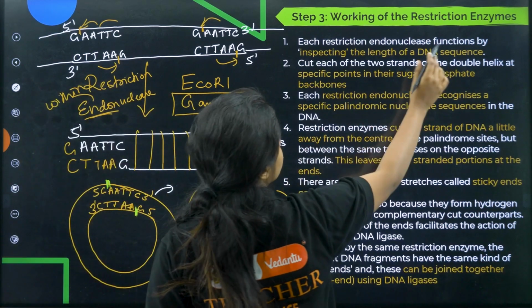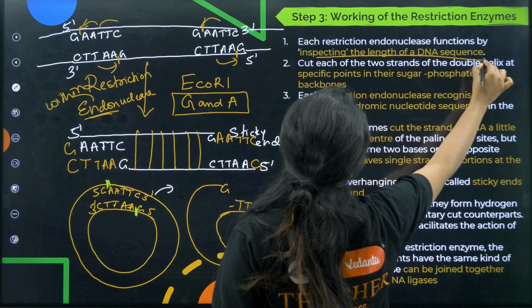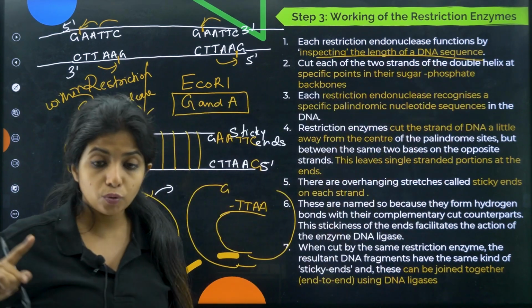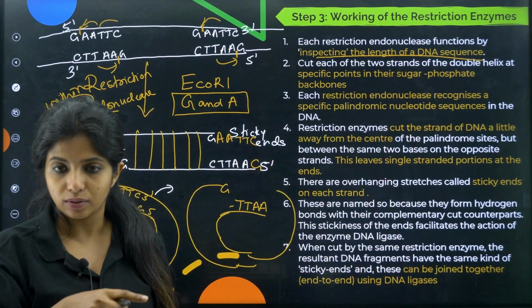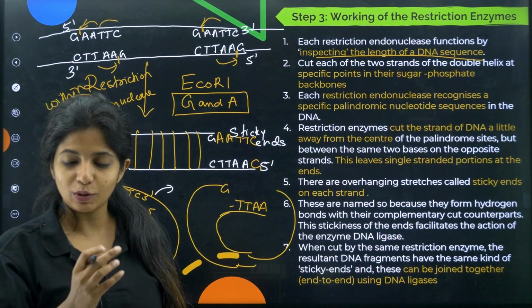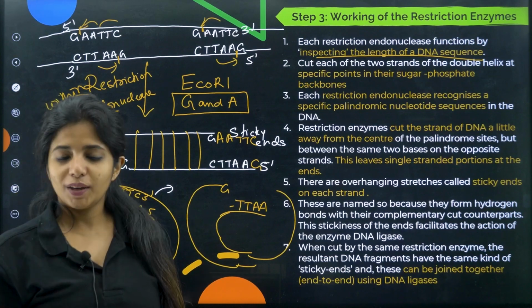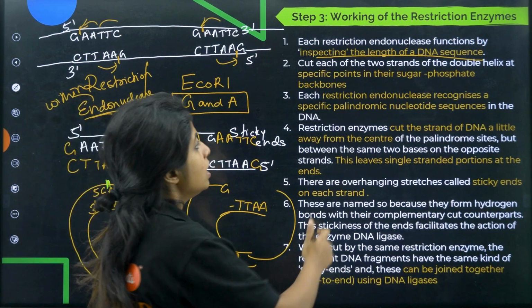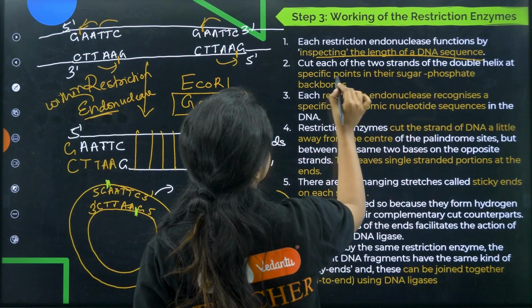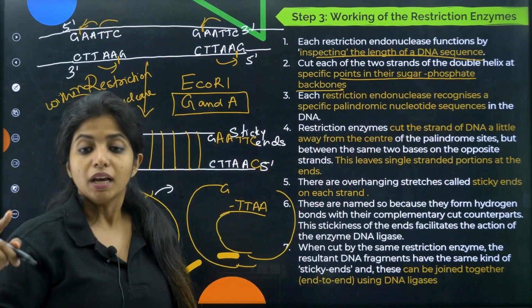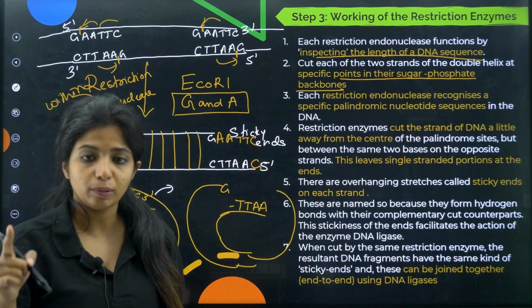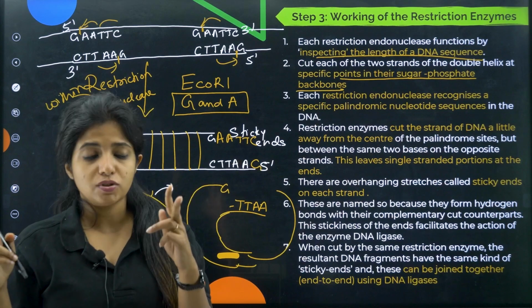So each restriction endonuclease functions by inspecting the length of the DNA sequence. First thing they do is inspect the whole length of the DNA sequence and find their palindromic sequence. Now, they cut each of the two strands of the double helix at specific points in their sugar phosphate backbone. So the DNA has a sugar phosphate backbone, and the restriction endonuclease is going to cut it.